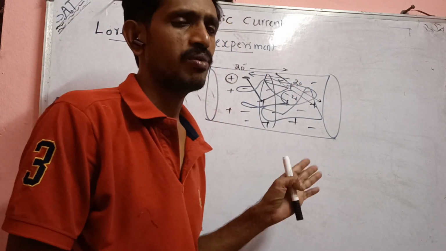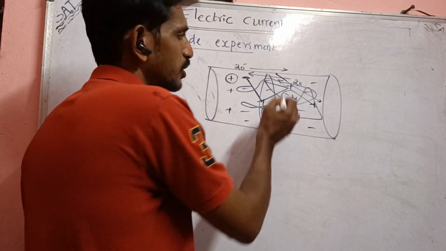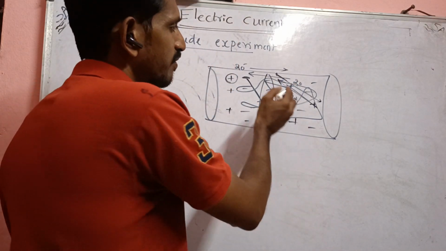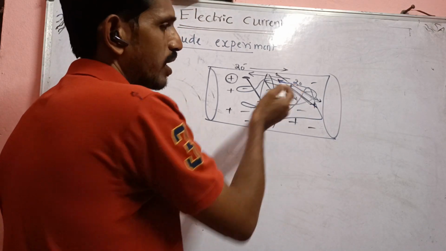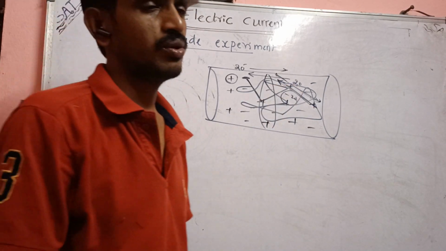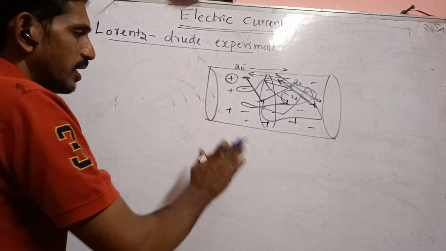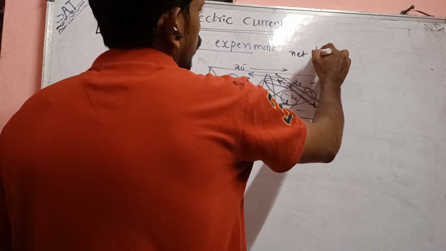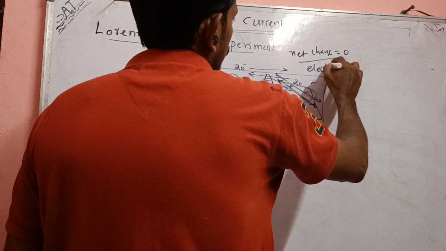If you consider this the positive direction and this the negative direction, then the net charge is 20 minus 20, that is 0. So the net charge is 0, and we can say that the electric current is also 0.